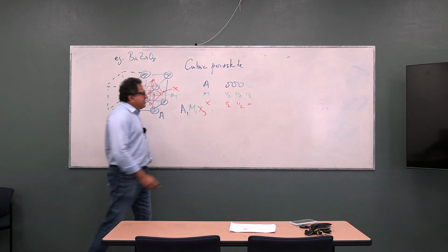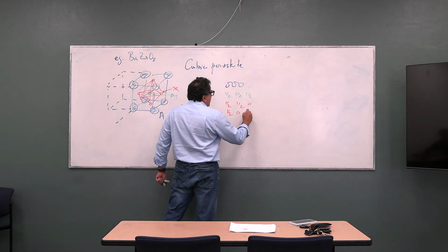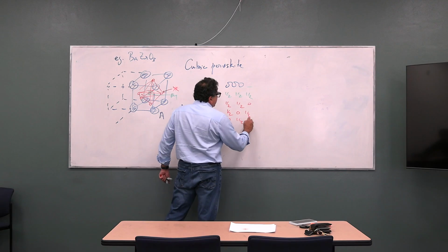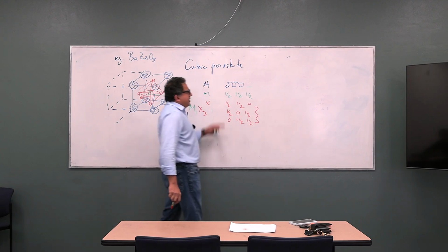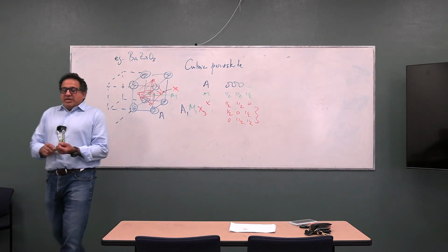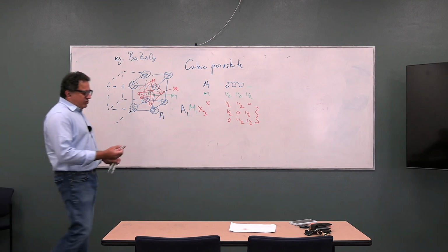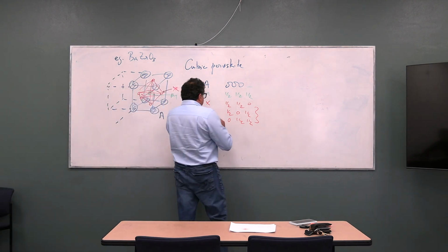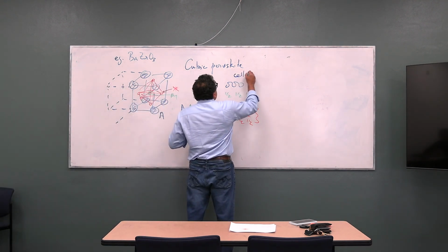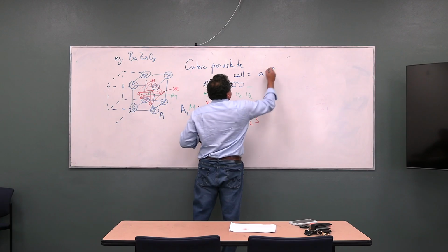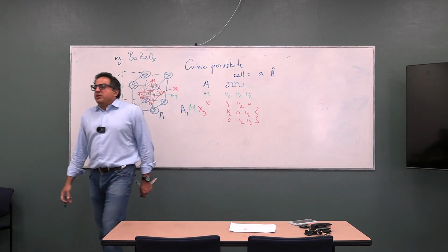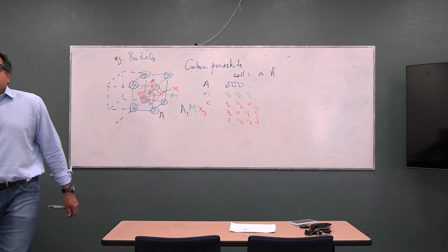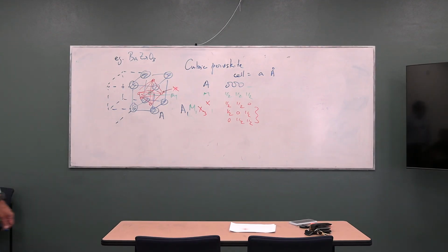And X at half, half, 0 automatically becomes half, 0, half, and 0, half, half. So I get 3 of them, but they're symmetry related. And then of course I would need to know the cell parameter. Cell is equal to A angstroms. Typically in an oxide perovskite, it will be somewhere between 3.9 and 4.2 angstroms.